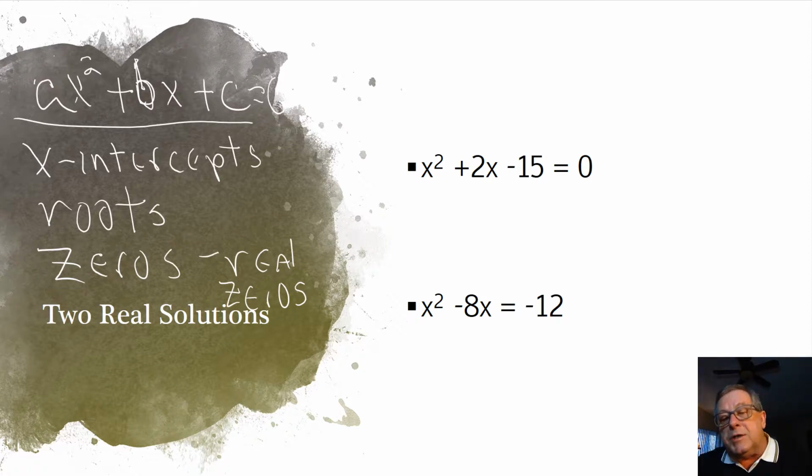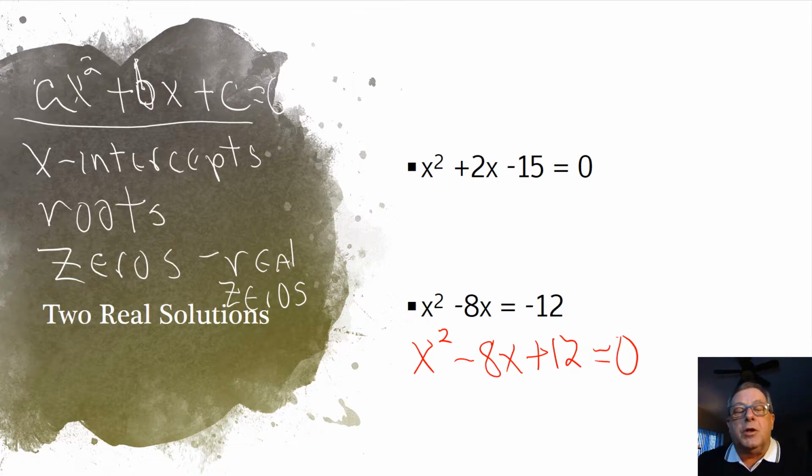But the second equation, I have to do a little bit of work to it before we can graph it. I need to move this 12 across the equal sign by adding 12 to both sides. And when I do, I'm going to have x squared minus 8x plus 12 equals 0.